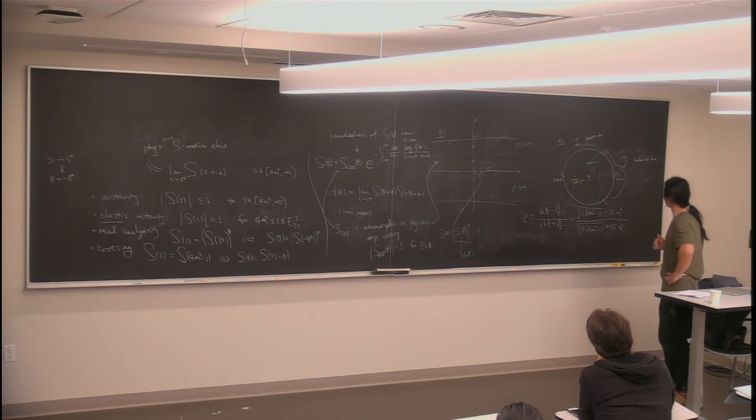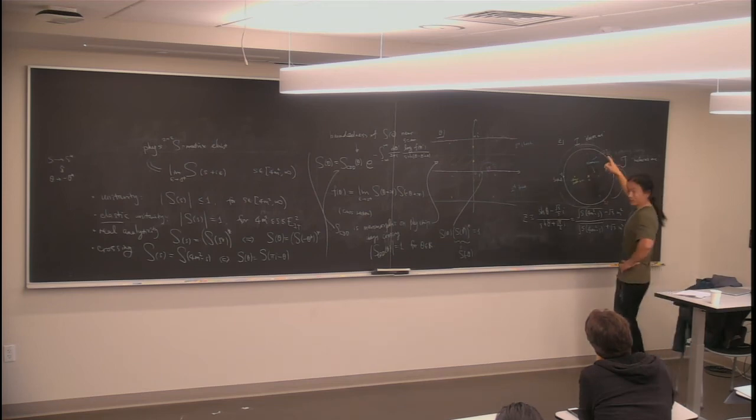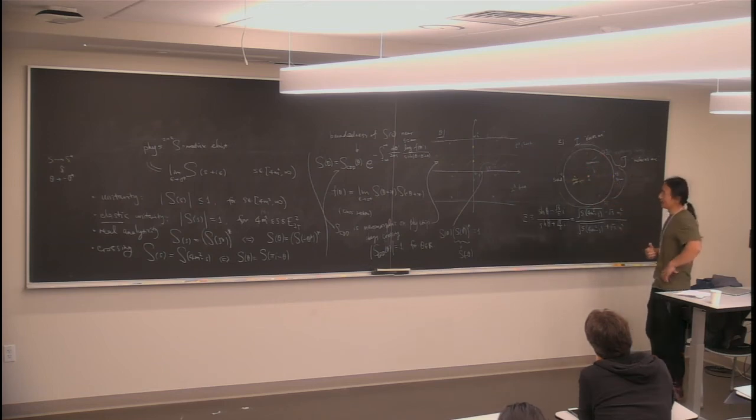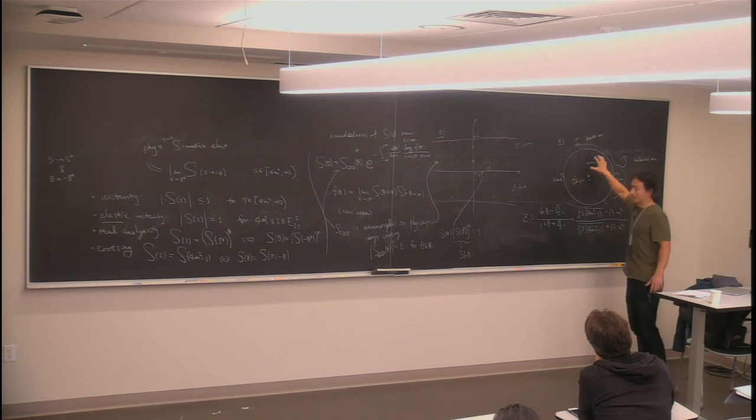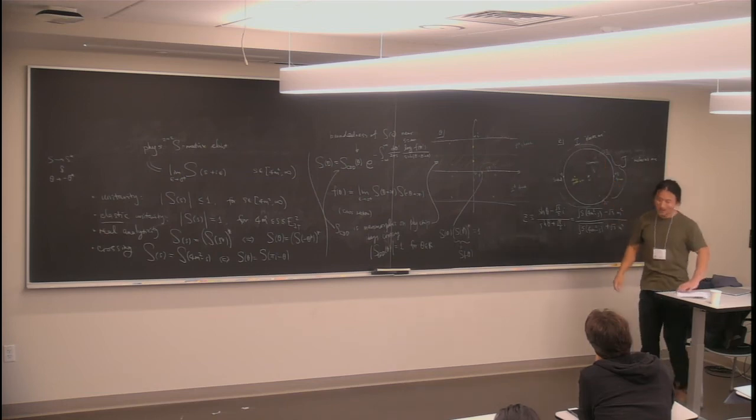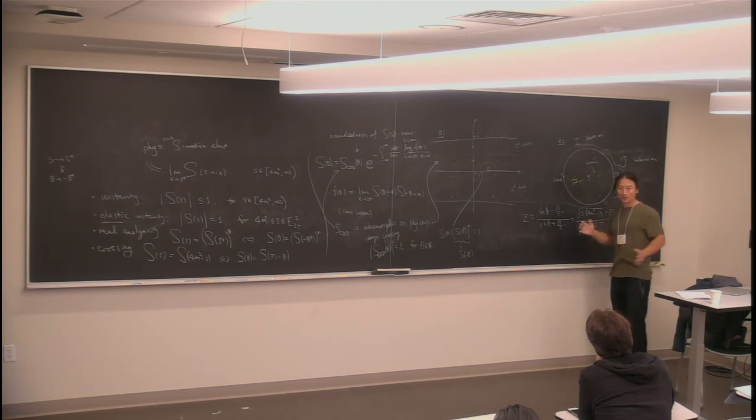And the input is going to be some data, numerical data in fact, about the scattering phase in this long elastic arc. I'll describe the method for doing that. And then we're going to numerically continue into the bulk of the disk. Now, of course, you might say that that's kind of impossible. Numerical continuation, the error is going to be huge.